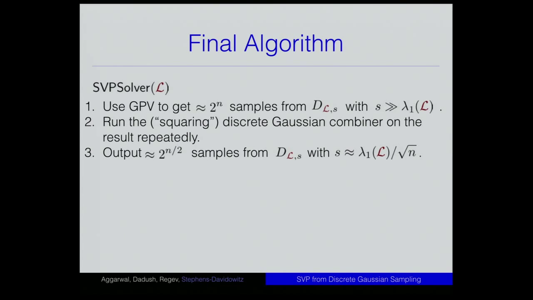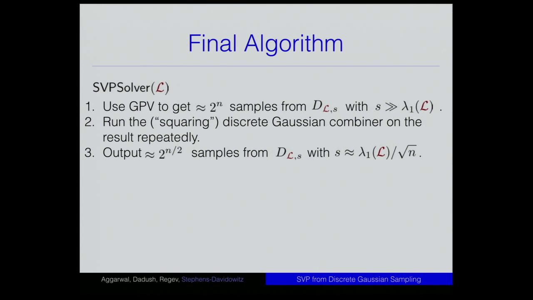And then if we do this the right number of times, and again we can guess the right number of times, we get to output 2 to the n over 2 samples from the discrete Gaussian with the parameter now much lower. So the proof that I just showed you shows that this is actually what we get, that we get 2 to the n over 2 samples, and that the parameter has dropped as we want it to drop.